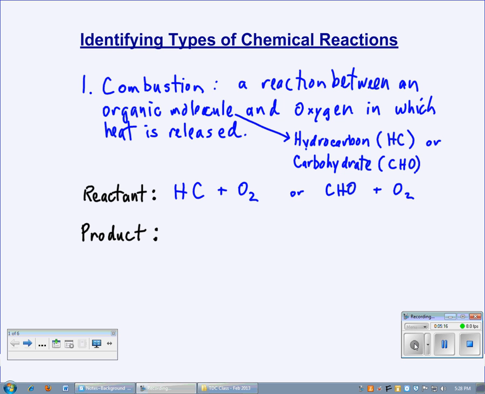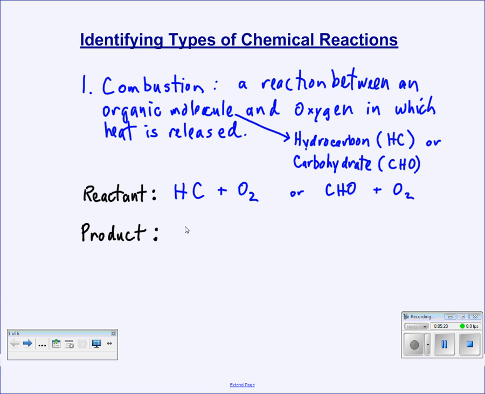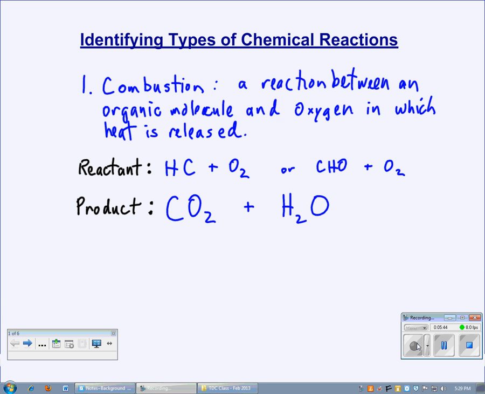The products of a combustion reaction are always carbon dioxide, CO2, and water, H2O. No matter what hydrocarbon you have or carbohydrate you have on the reactant side with your oxygen, you will always, always, always make carbon dioxide and water.